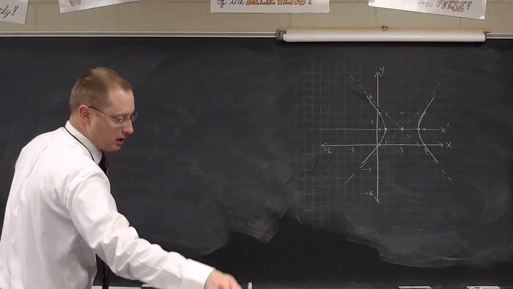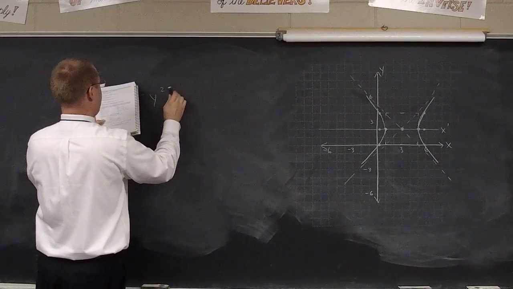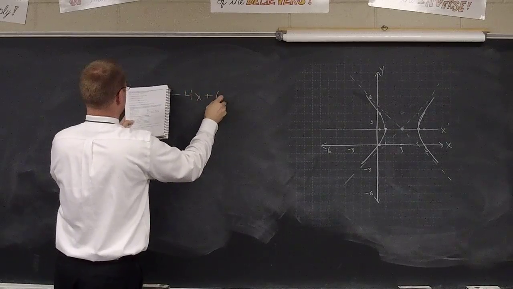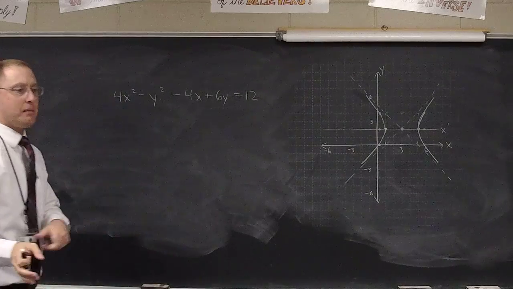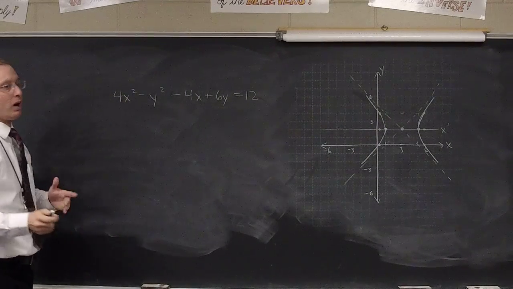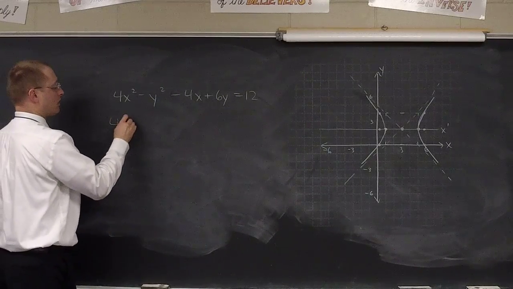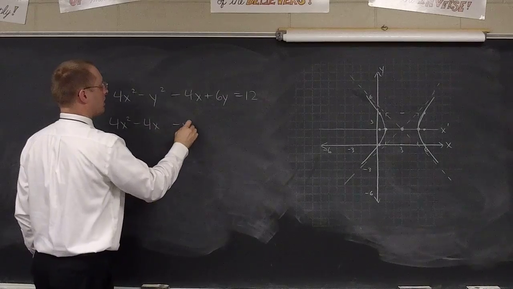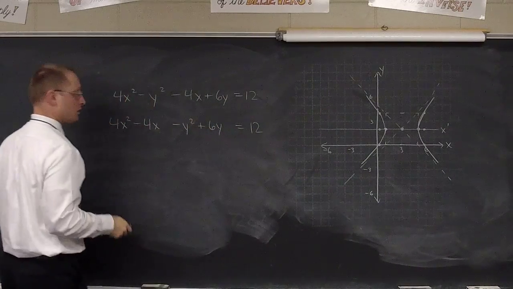10C. We had 4x squared, negative y squared, negative 4x, positive 6y. They already ditched the 12 for you. Very similar to the ellipse as far as the algebra, but watch out for negatives twice. Go. 4x squared minus 4x leaves 1, and negative y squared plus 6y leaves 1, equals 12.